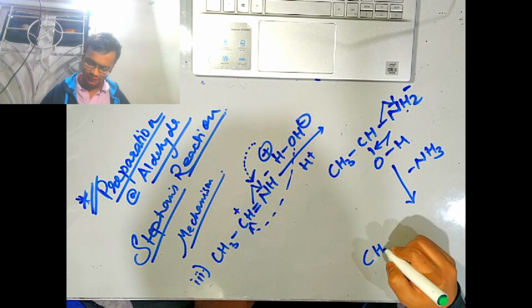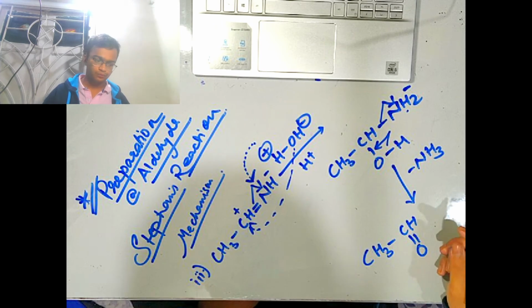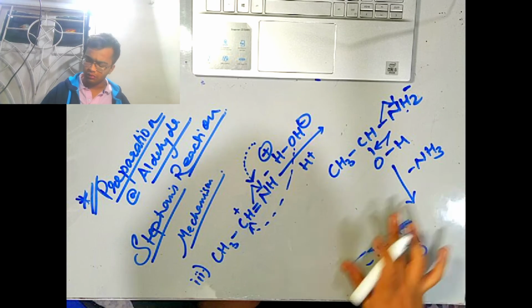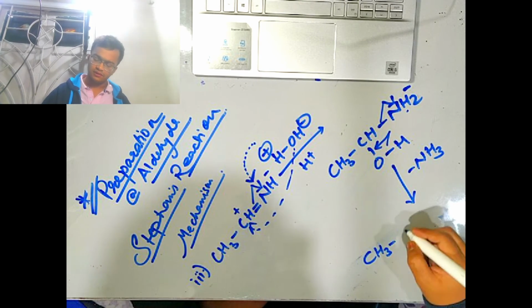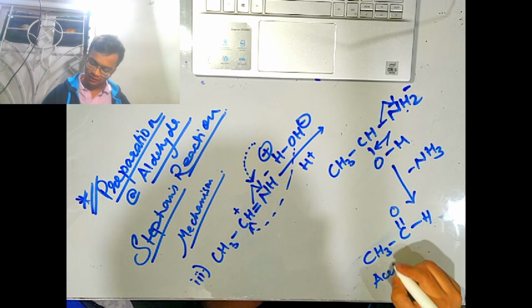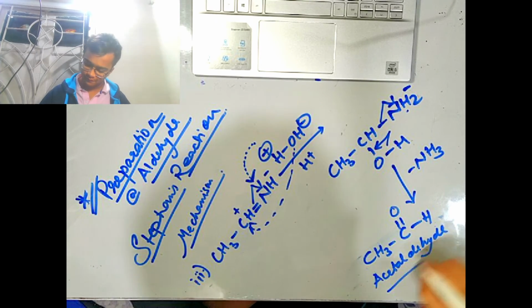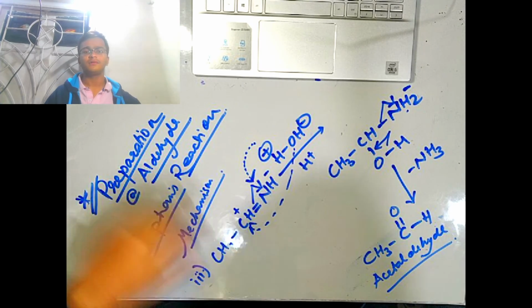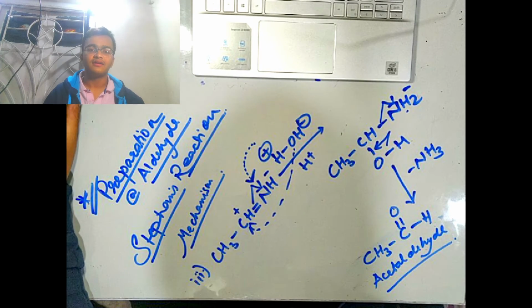So oxygen will form a double bond, CH double bonded O. Or we can write it as CH3, C, double bonded O, single bonded H, or acetaldehyde. Clear to this much? This was about the preparation of acetaldehyde from the Stephen's reaction.